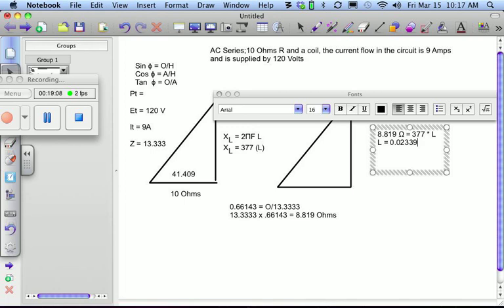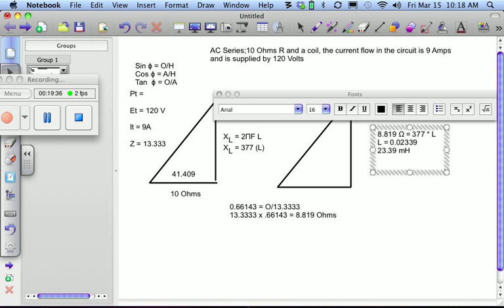And if we put this in proper engineering notation, we'll find that we have 23.39 millihenries, right?